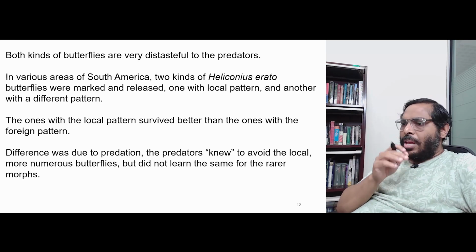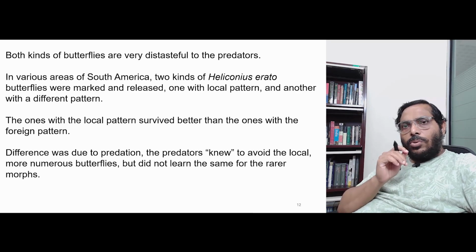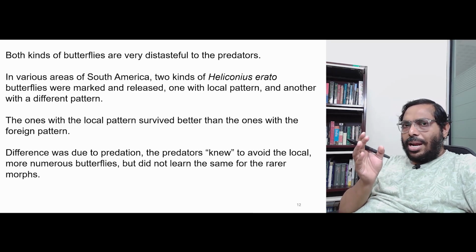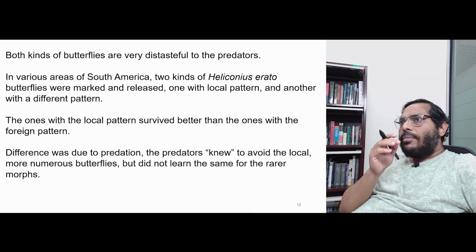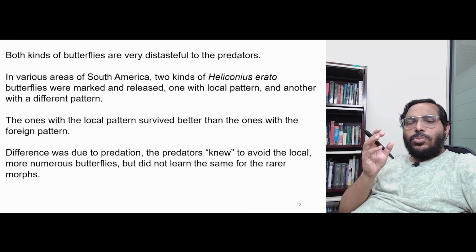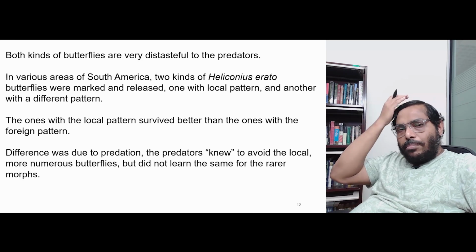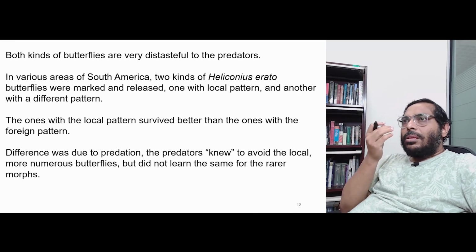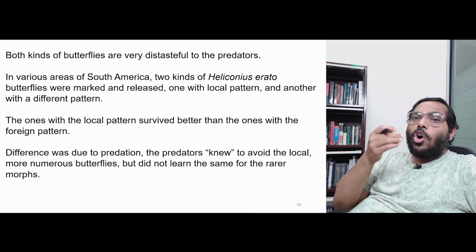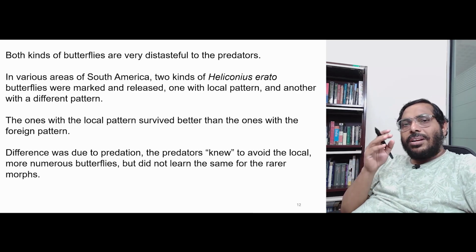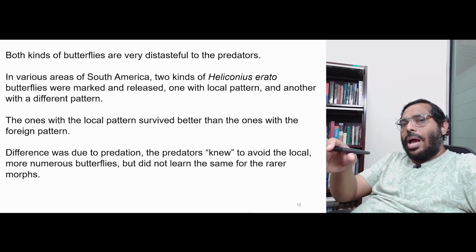These predators are not very smart, and they also tend to forget very soon. Therefore, in order for them to learn and to retain that, the prey has to be very common.